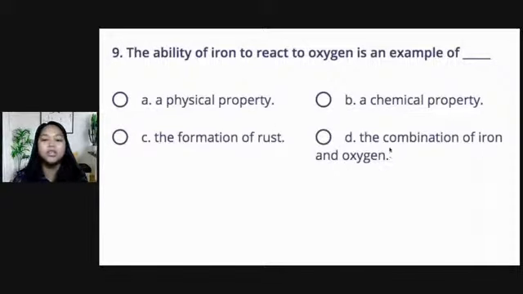Okay, so combination of iron and oxygen mo, ang formation of rust. Ang tinatanong dito, ability, the ability of a substance to react. Okay, being able to react is an example of letter B po ang ating hinahanap. It is a chemical property. Okay, so chemical property po ang ating tamang choice for number 9.